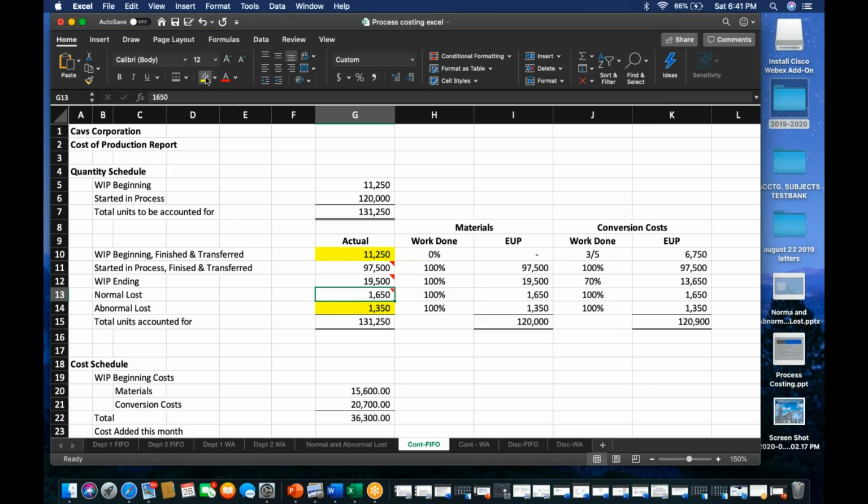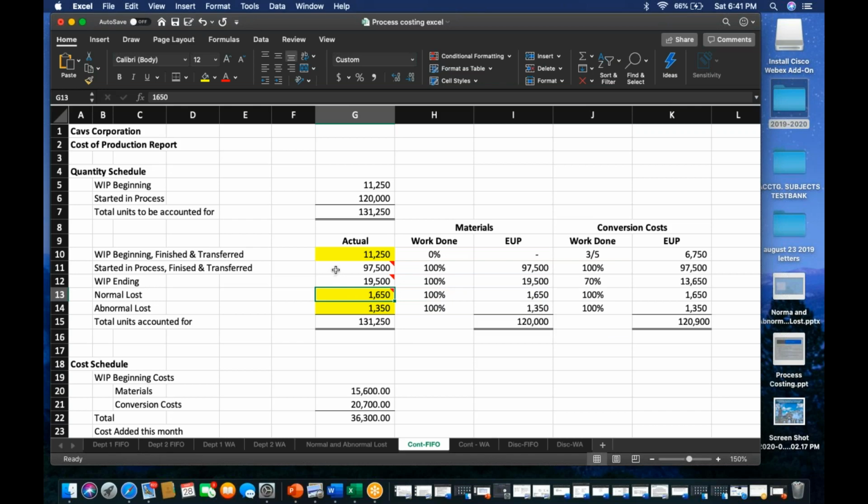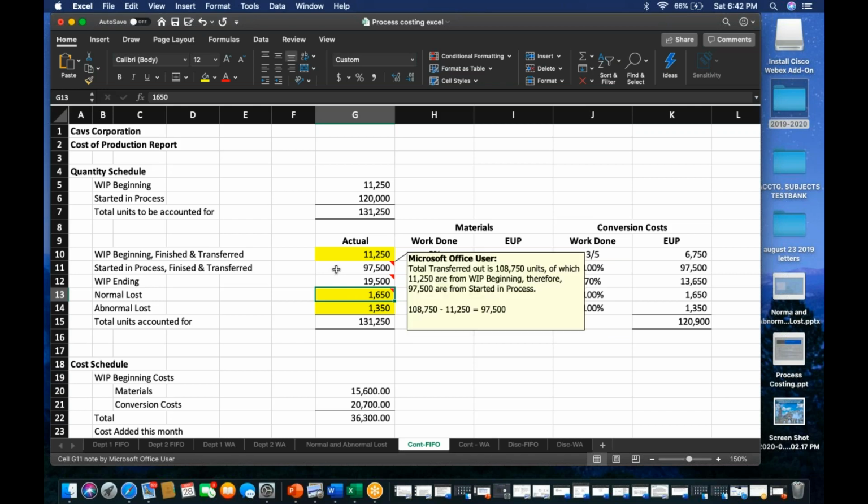Okay, so okay na tayo dyan. Alam na kung saan nakuha yan. Next, work started in process, hindi to given, but according to our given, 108,750 is transferred out. Pag sinabing transferred out, these are finished or completed and then transferred out. At given siya sa problem natin.